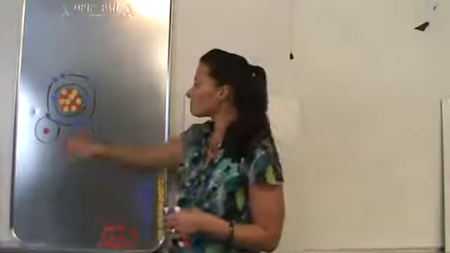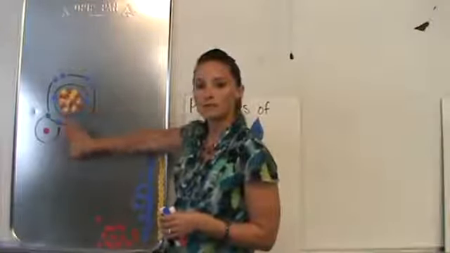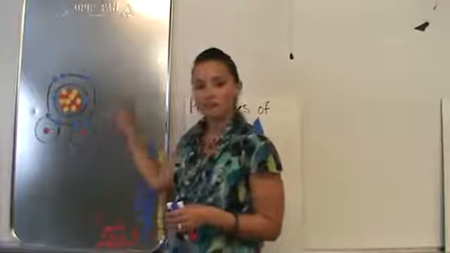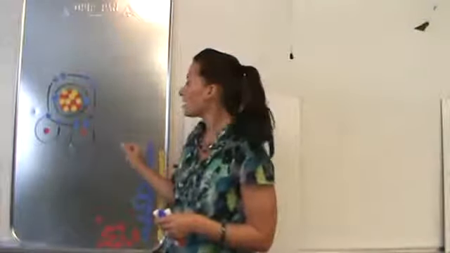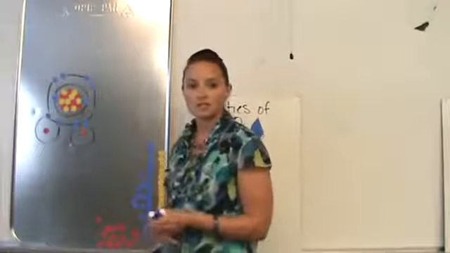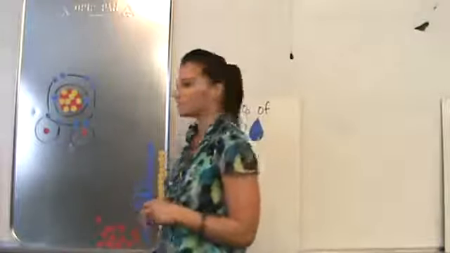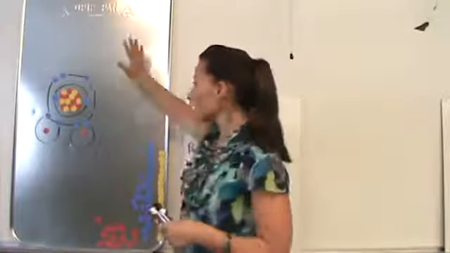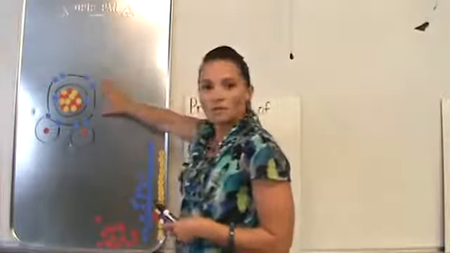Okay? We still have the same number of protons and electrons in the entire molecule. So it's a neutral molecule. They're just sharing those electrons to make sure they have what they need. Okay? So this is our water molecule.